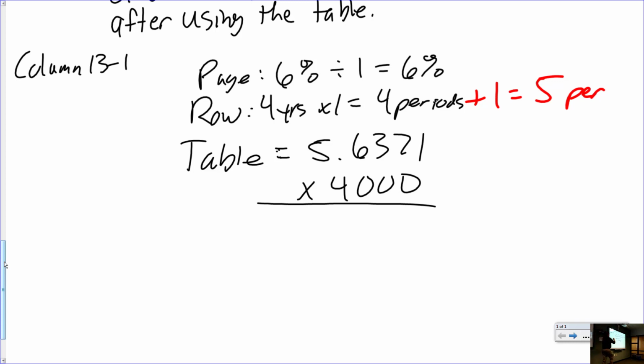So, how much would we have here? Now, this is for the 5th row, right? That's 5 periods. That means we invested 5 times. We only invested 4. So how do we get back to only investing 4 times? Subtract 4,000.